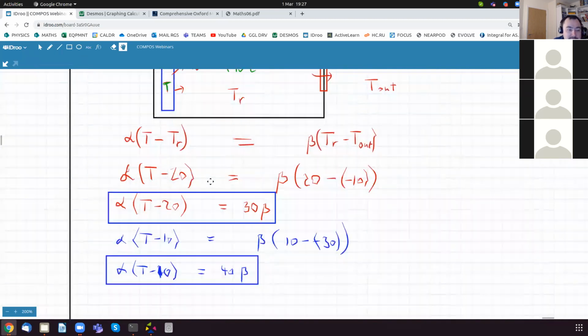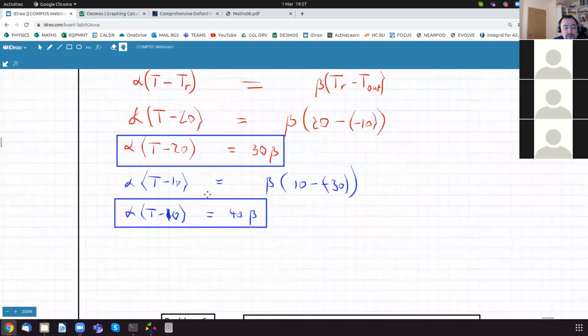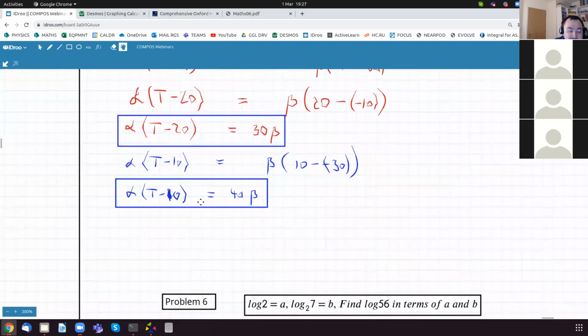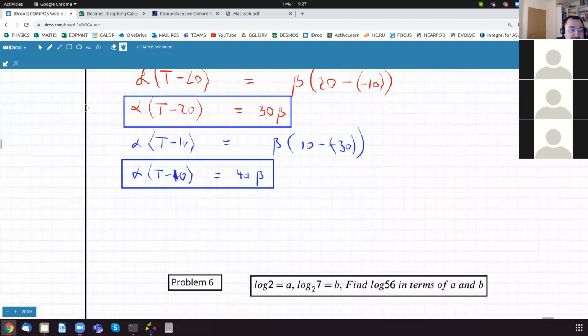Now it seems like we have two equations and three unknowns, and it will be tough to do. But actually it's not. If we divide the first equation by the second one, we get (T minus 20) divided by (T minus 10) equals 30 over 40.